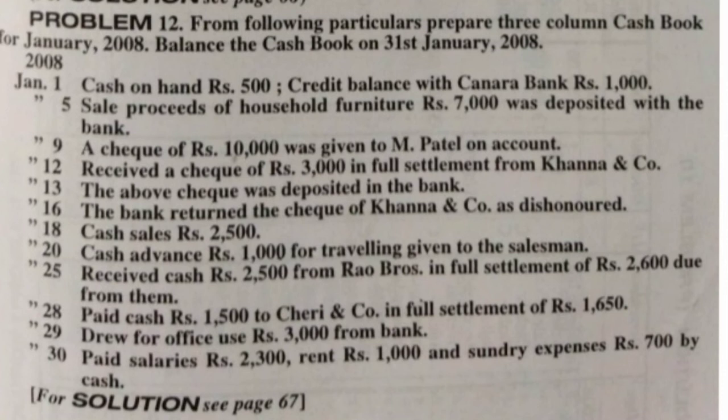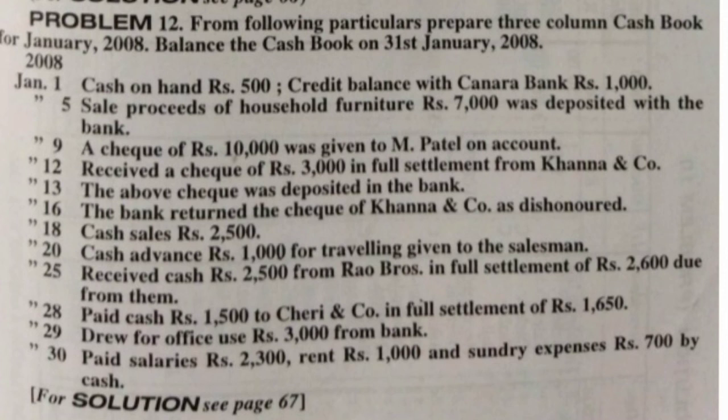So here the entry will come as bank account debit to capital account 7000, because it is not the office furniture. If it were the office furniture, the entry would be bank account debit to office furniture account, because furniture is going out from the business. Because it is household furniture, it is nowhere relevant to the books of accounts.